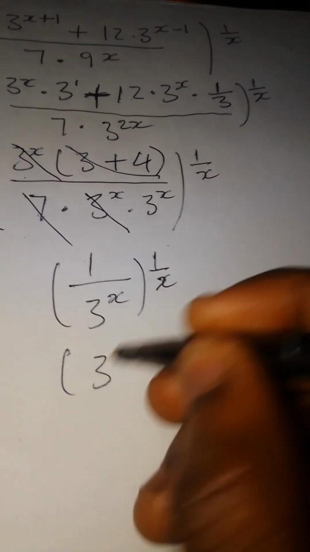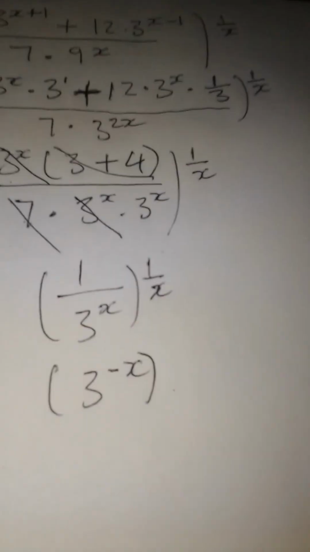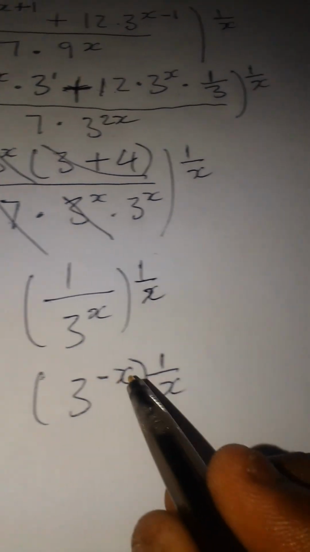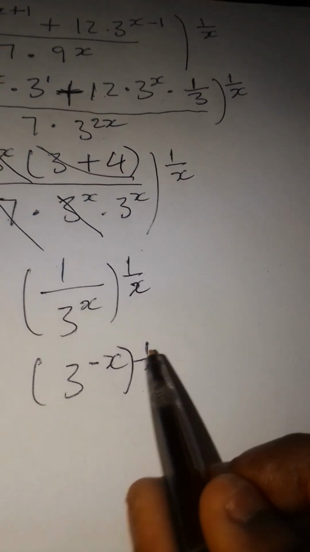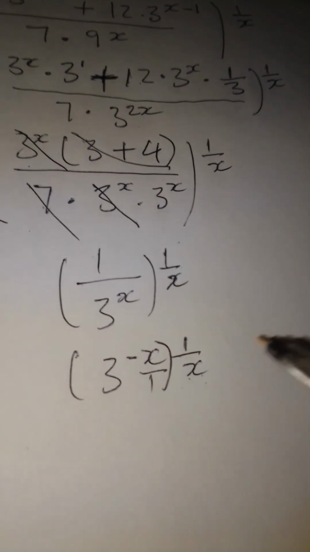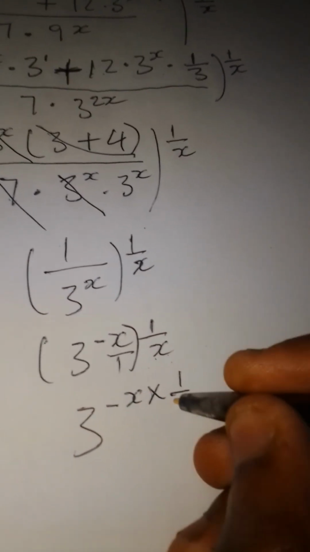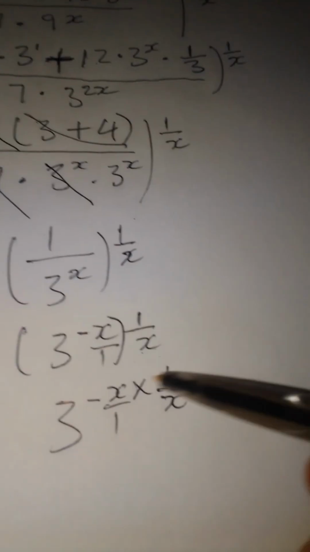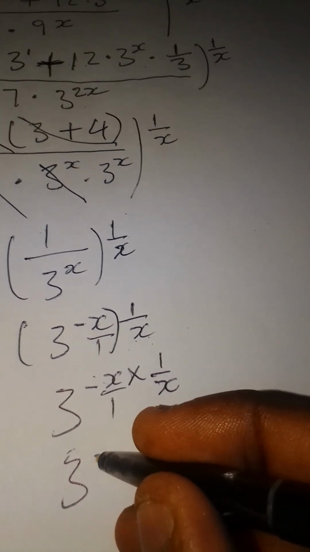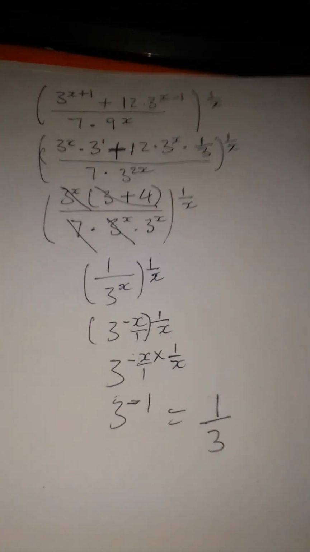This is the same as 3 to the power of negative x, all to the power of 1 over x. So negative x times 1 over x, the x's cancel each other. I remain with 3 to the power of negative 1, which is the same as 1 over 3.